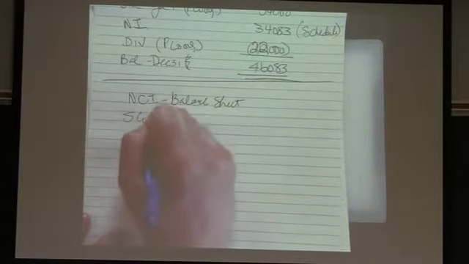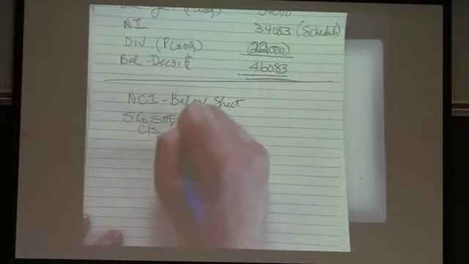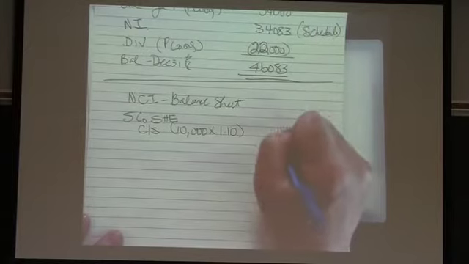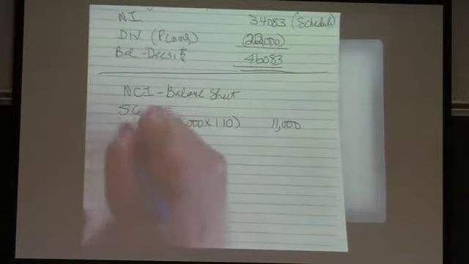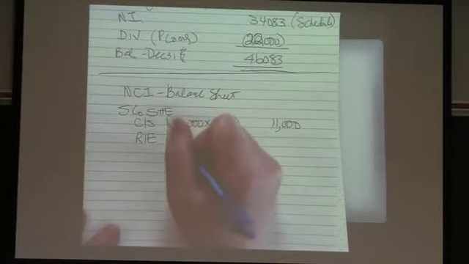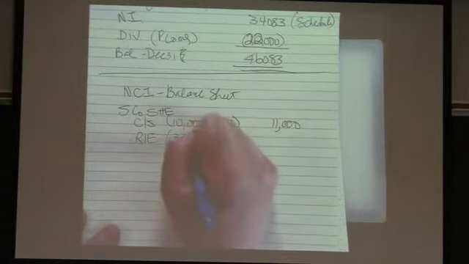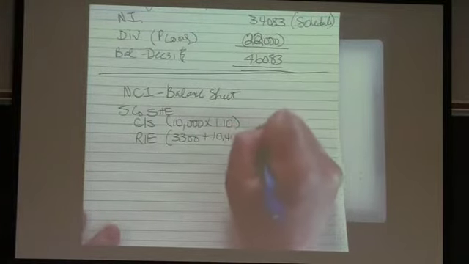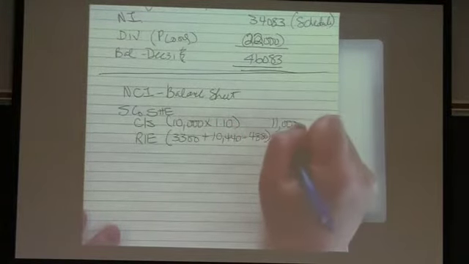You got common share of 10,000 times 1.10, the historical rate, plus the retained earnings of the sub, which is 3300 plus the income minus the dividends, same calculation that we did.